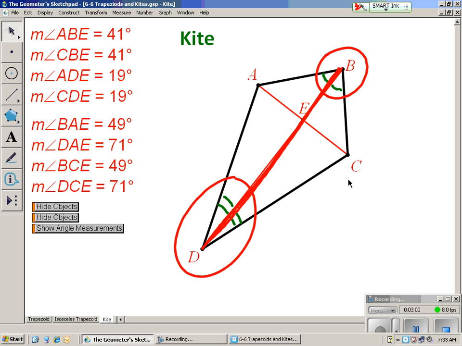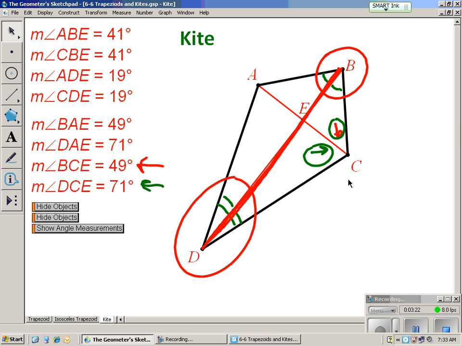Now that's not necessarily true about AC, because BCE, this angle, and DCE, this angle, are not the same. So this is 49 and this is 71 and they're not the same.